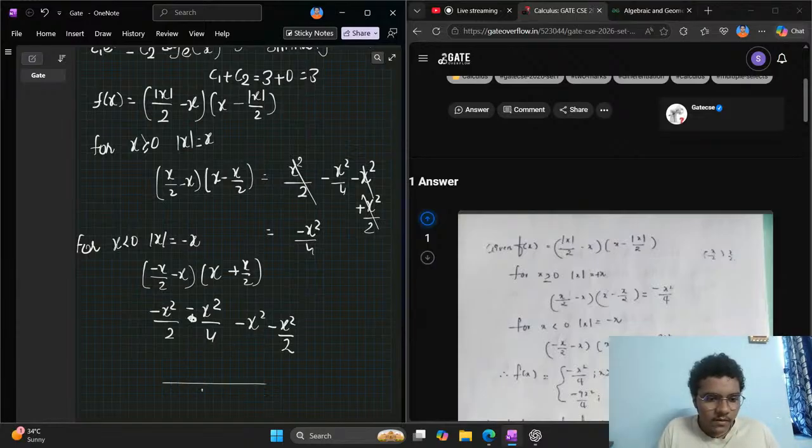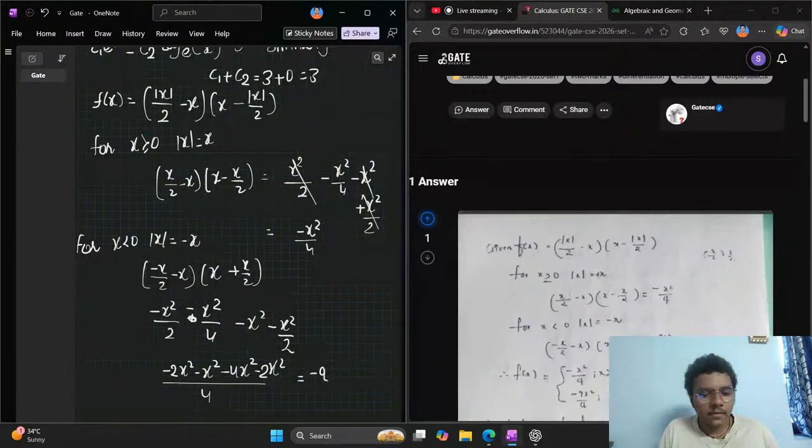Let's do the LCM. Minus 2x square minus x square minus 4x square minus 2x square, 8 minus 9x square by 4.